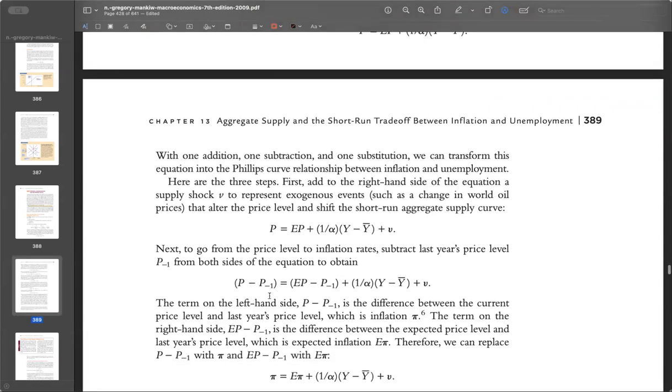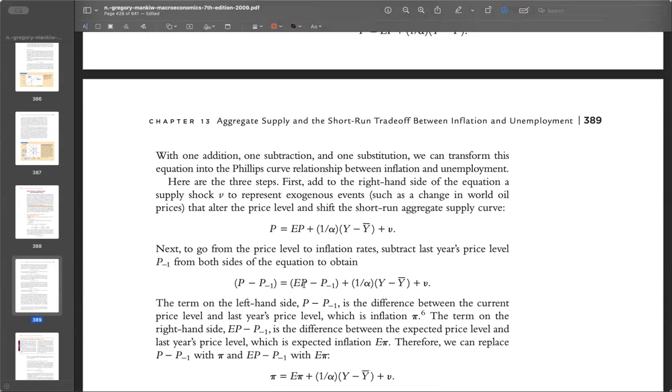This one can be considered the inflation rate, especially when the p's here are logs. The change in logs is an approximation of the percentage change, and that's why we are able to interpret this as an inflation rate.